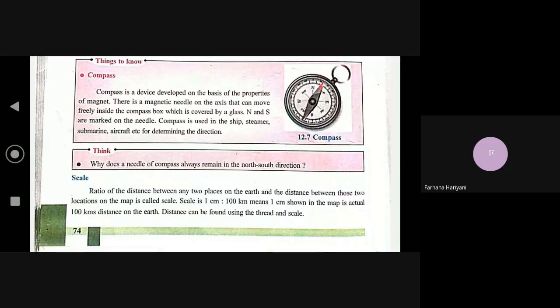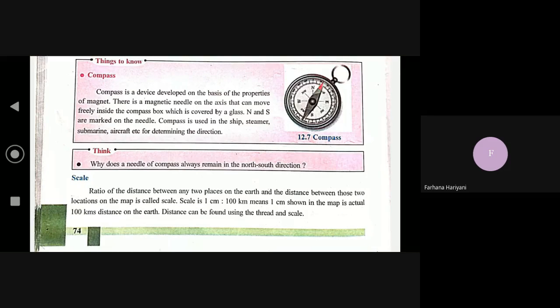N and S are marked on the needle. Compass is used in steamer, submarine, aircraft, etc. for determining the direction.